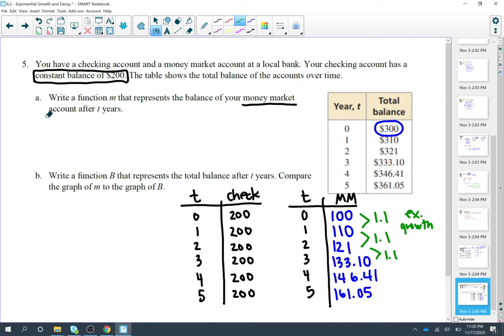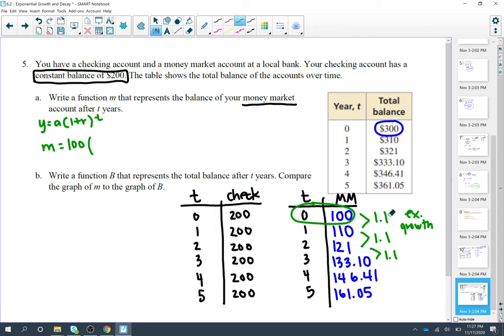I know that exponential growth is y equals a times 1 plus r to the t. In this case, instead of using a y, I'm going to use an m. So m equals a times 1 plus r to the t. A is our starting amount, so at year 0, I have $100. This is where it gets a little bit tricky, because in 1 plus r, I need my growth rate, and my growth rate actually is not 1.1.